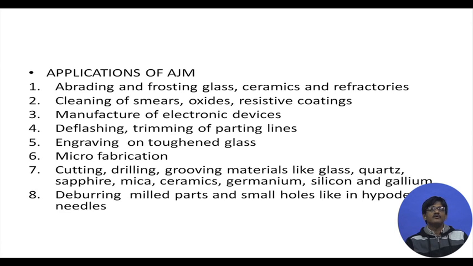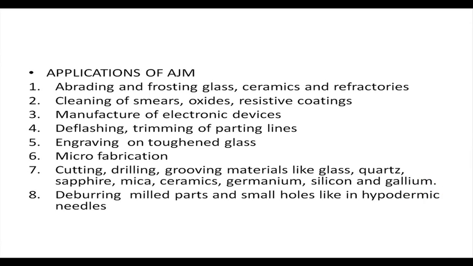We can also carry out the deburring of milled parts. That means after we have done milling, or if we have made small holes, they might have some material sticking to their surfaces, which is called burr, and which has to be removed very carefully.